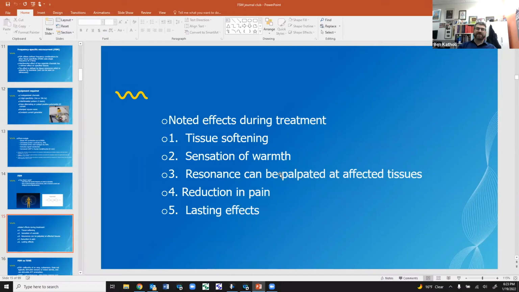So it makes craniosacral therapy go a lot quicker. We get pretty quick reduction in pain, but only if we're targeting the right tissues. And there can be lasting effects on this depending on what tissue you're treating. So the difference is that peripheral tissues respond differently than central nervous system tissues. And that's something that we want to research a little bit and work with.